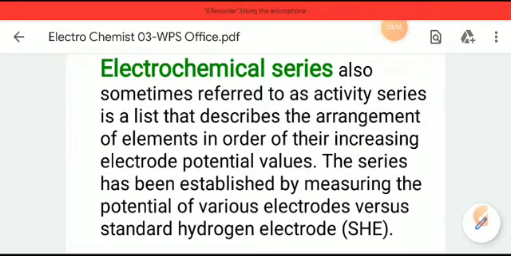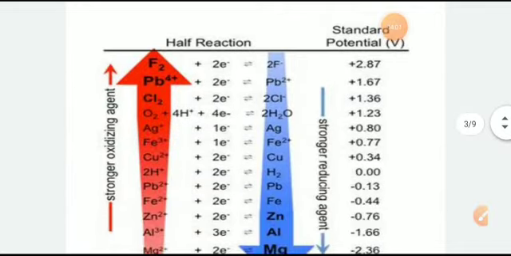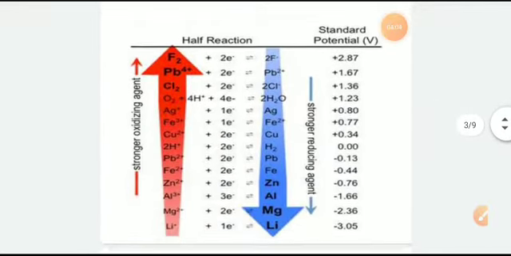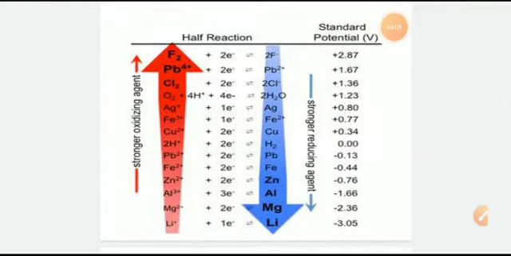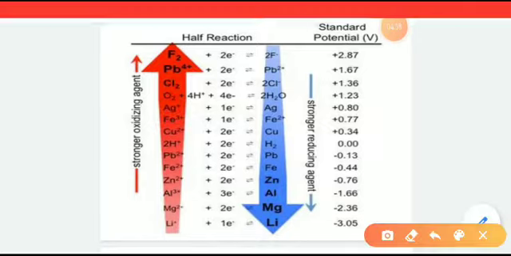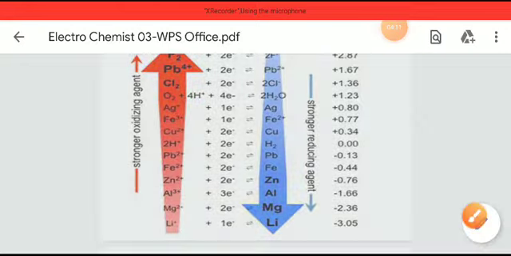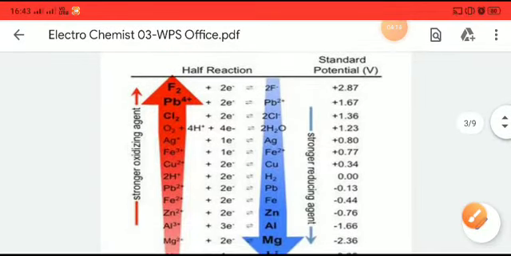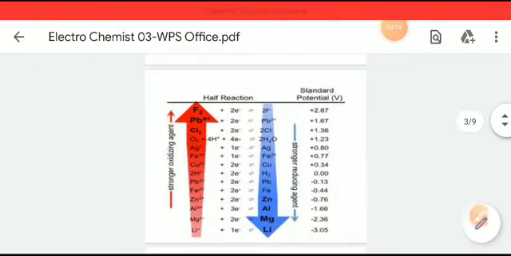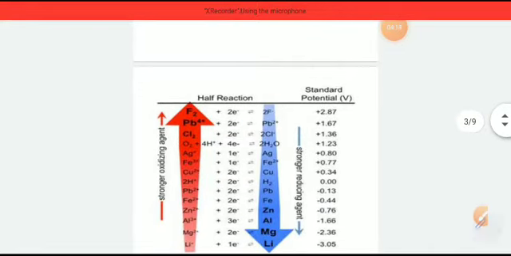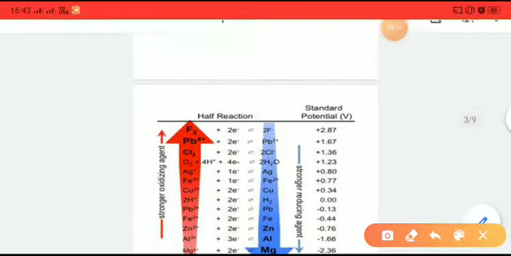Here we have a list of some elements with their standard electrode potentials.